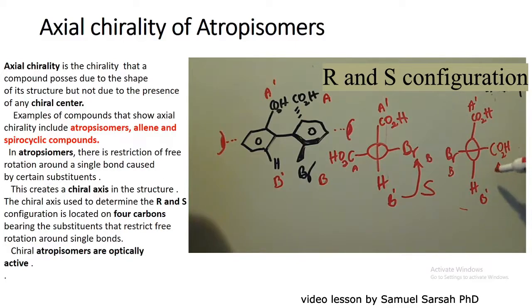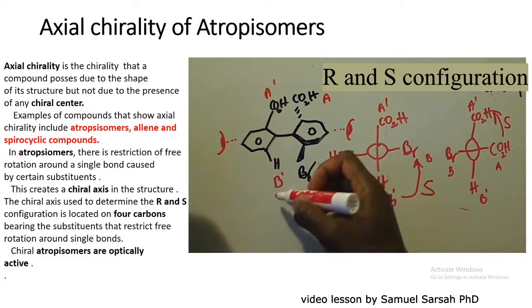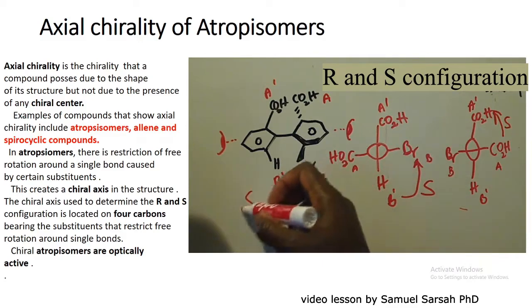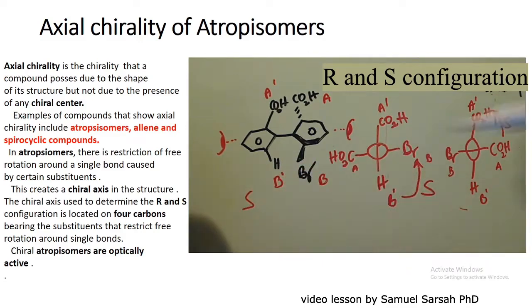And then I have to look at A prime and B prime. Which one is higher in priority? Of course, this is the carboxylic acid. So I have to go towards this direction, which is counterclockwise. So either way, you have to get the same answer. So this is S configuration.